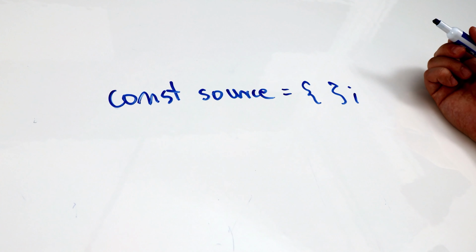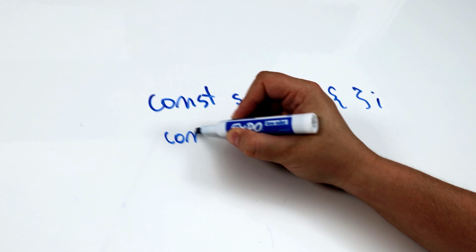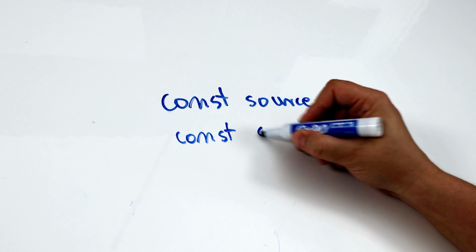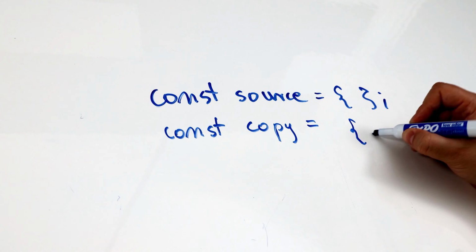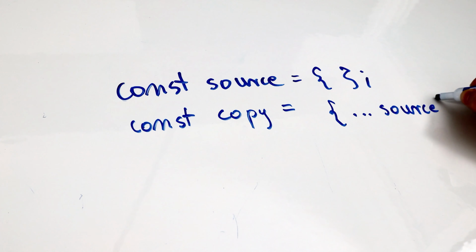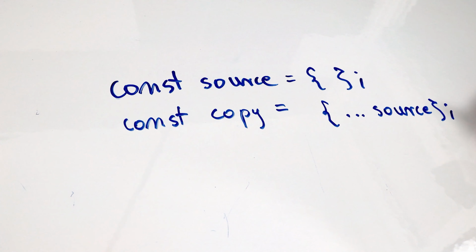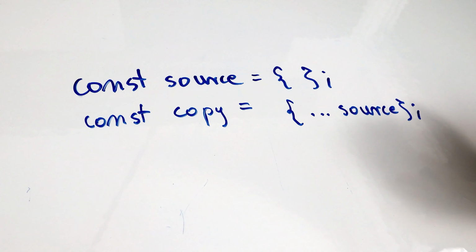So now we have a source object, and now we're gonna create a shallow copy of it. And this is the rest parameter. This assignment copies properties from one object to another. Remember, however, it is a shallow copy.